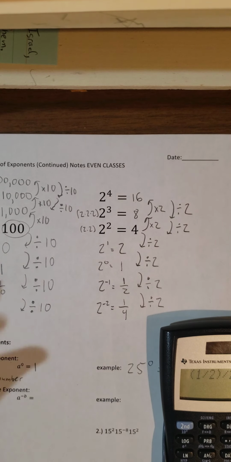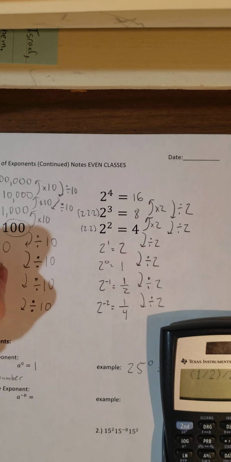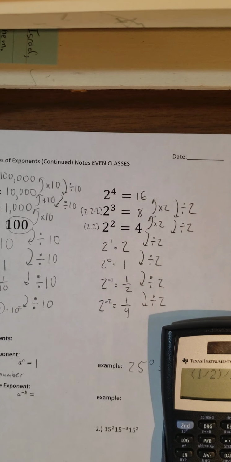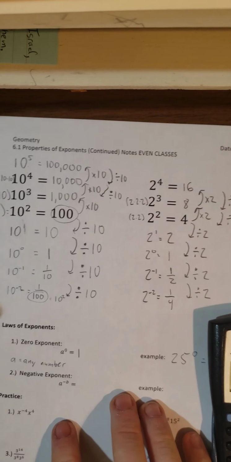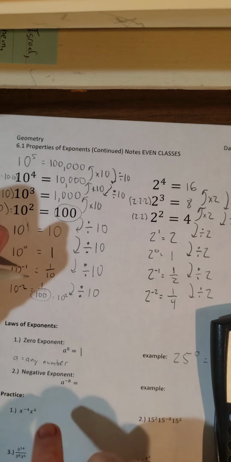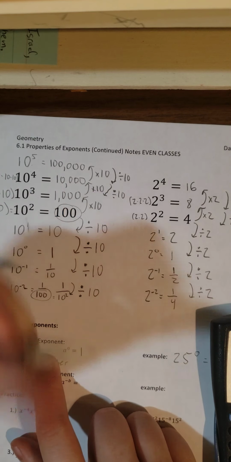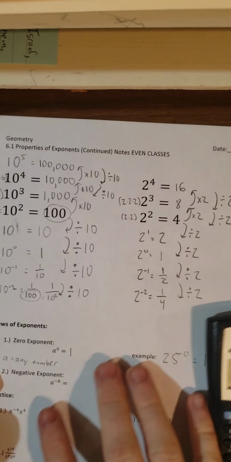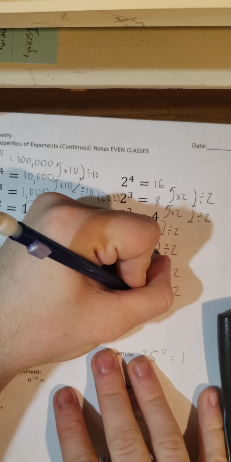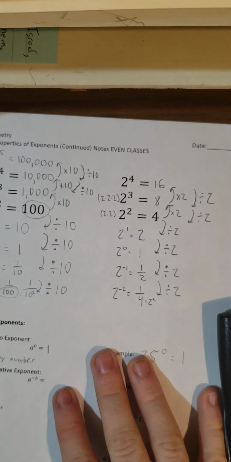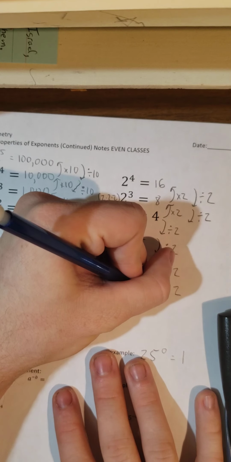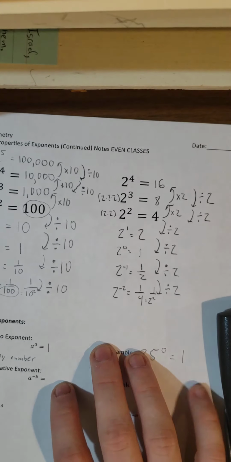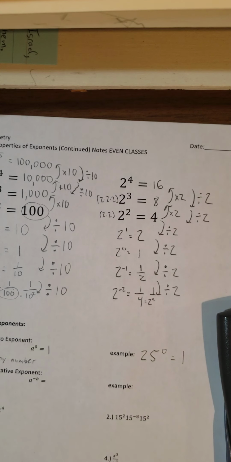The key thing to note here is that this 100 is equal to 10 squared. So if we have 10 to the negative 2, we actually have 1 over 10 squared. And same thing with the 2's, that 4 equals 2 squared. And so 2 to the negative 2 would equal 1 over 2 squared.